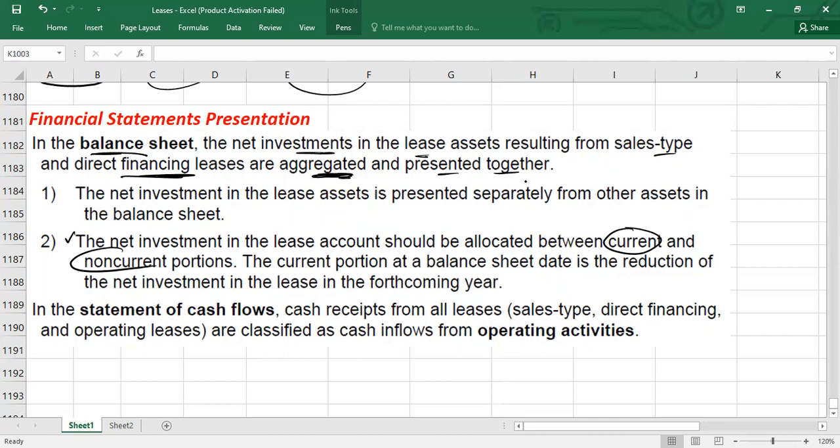And third, for the statement of cash flows, all cash receipts, whether sales-type, direct finance, or operating lease, from the lessor's point of view, we will record as cash inflows from operating activities. I hope, guys, it is clear.